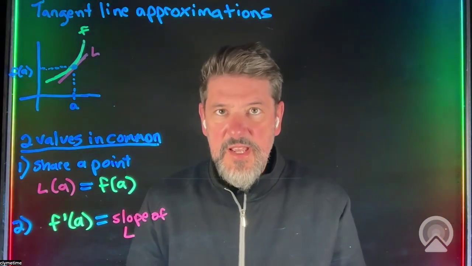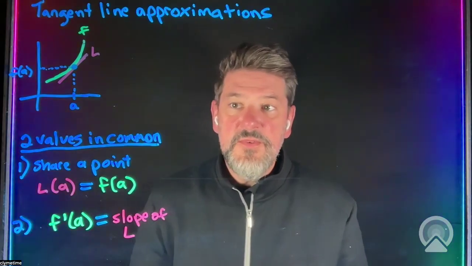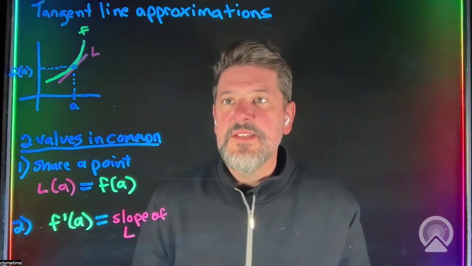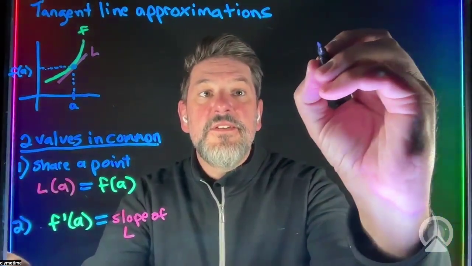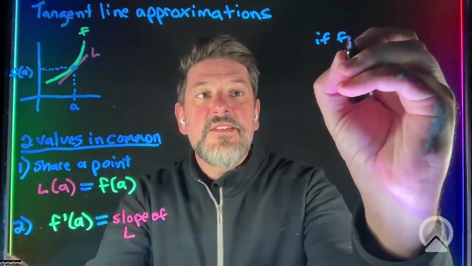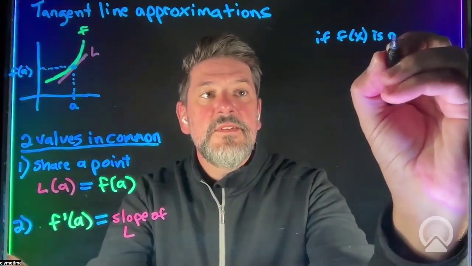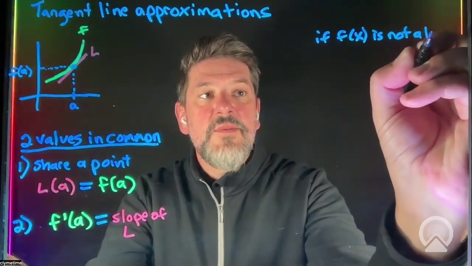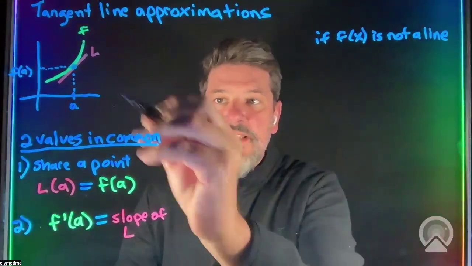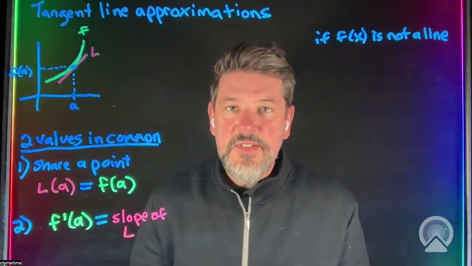So now, what do they have that's different? We know what they have that's the same, but what's different? If f of x is not a line, and what I mean by that is it's a curve, in this case you can see that f of x is a curve, it's green.